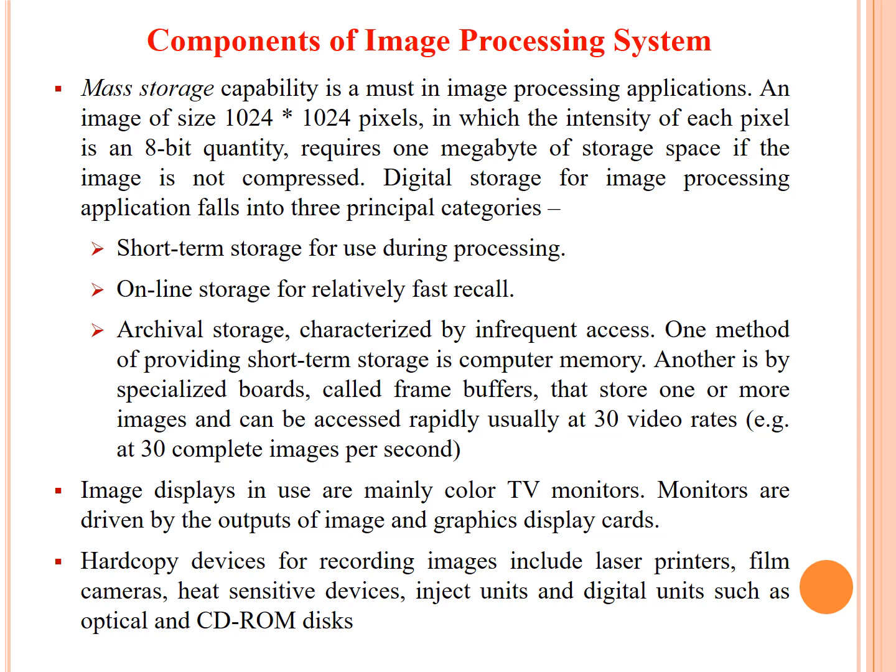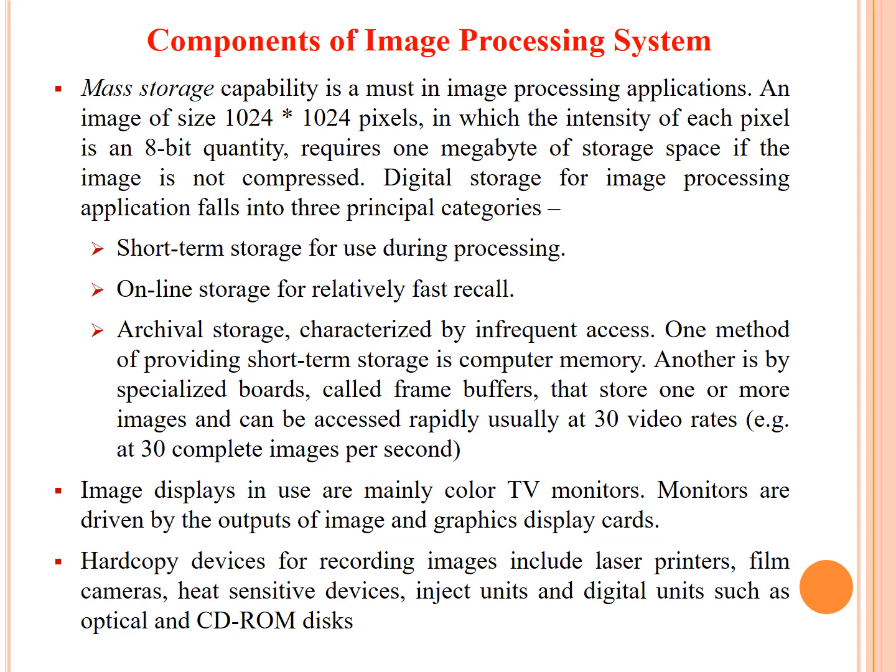Mass storage capacity is a must in image processing applications. An image of size 1024 by 1024 pixels, in which the intensity of each pixel is an 8-bit quantity, requires 1 megabyte of storage space if the image is not compressed.